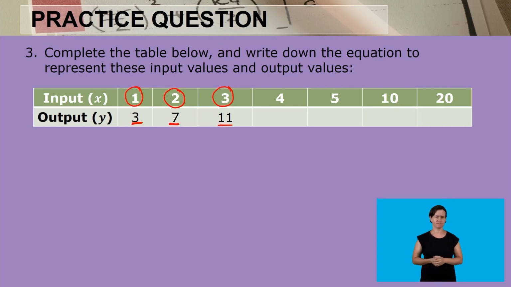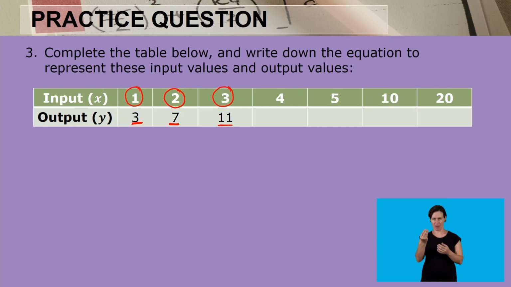Now, because these input values were consecutive numbers, these first 3 output values are forming a pattern. And do we remember how to find the rule when we are working with number patterns? Well, let's use that knowledge to find the next terms, or to fill out the other output values here.